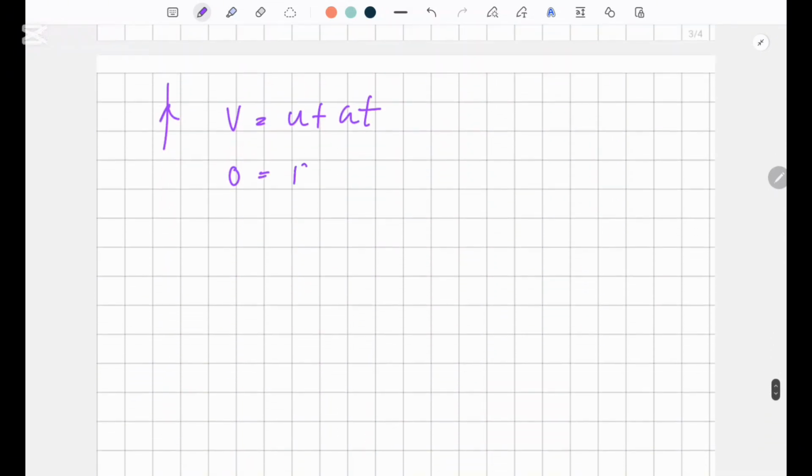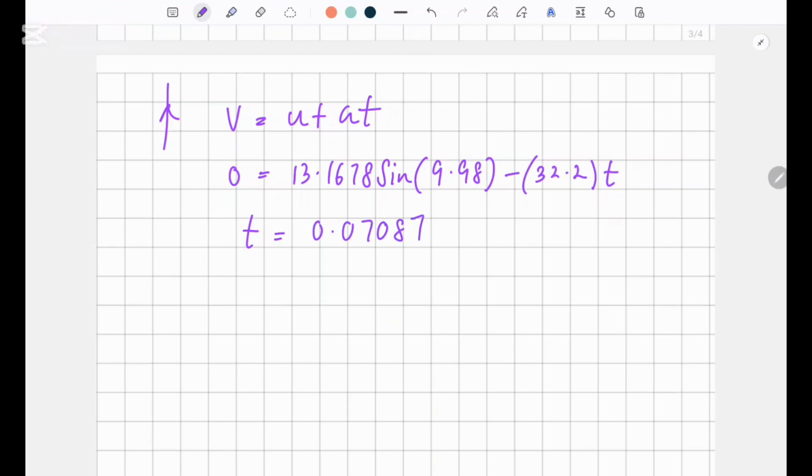So 13.1678 sine 9.98, and since it's going up, as your cranberry travels up, your acceleration is negative, right? If it goes down, it's positive. If it goes up, your acceleration is negative. Minus 32.2 t, right? So we can find t, use your calculator. So t equals 0.07087.